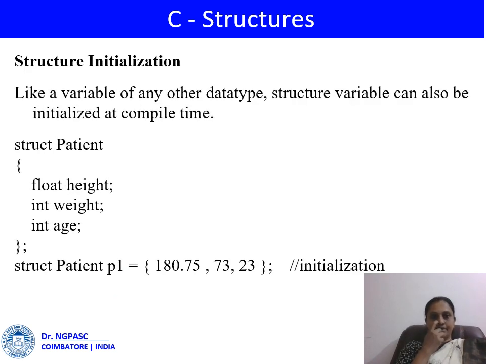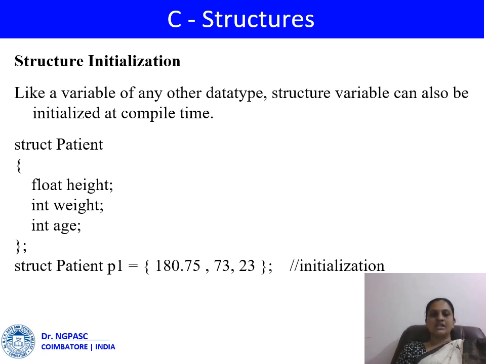Here you can see the initialization, and with the initialization we can see the accessing also. Like any other data type, structure variables can also be initialized. This is an example structure: I have a patient which holds the values of height, weight, and age. If I want to assign values for all these members, this is the first way of initialization: struct patient P1.